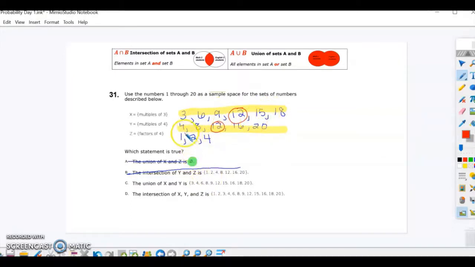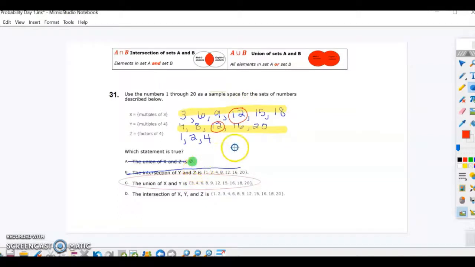So we would list out 3, 4, 6, 8, 9, 12, 15, 16, 18, and 20. That's all of them. So that's everything in both sets X and Y, but we don't write the 12 twice because we've already listed it.